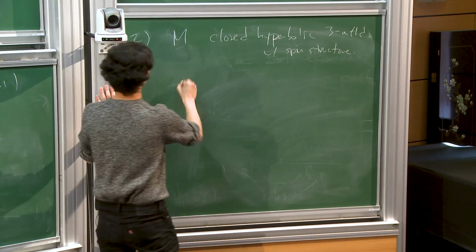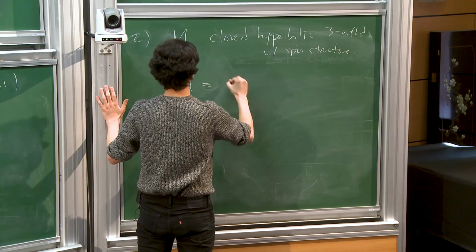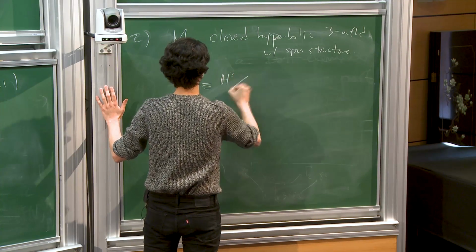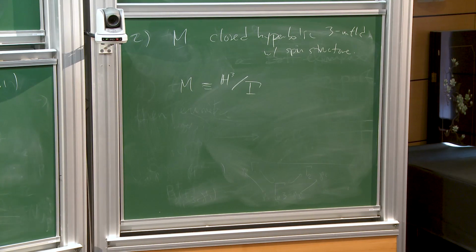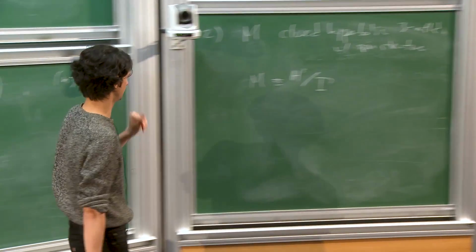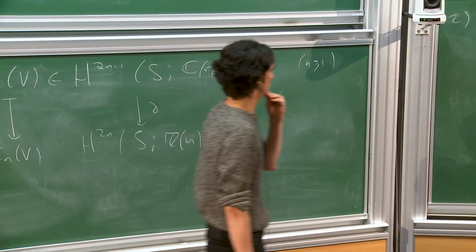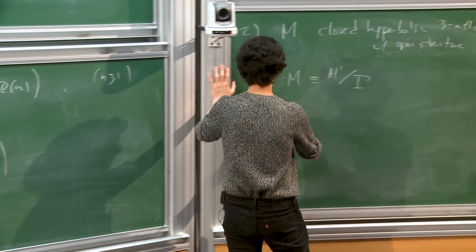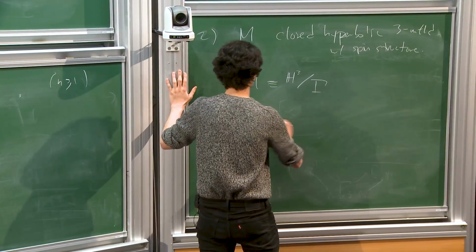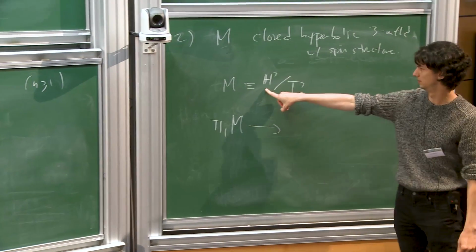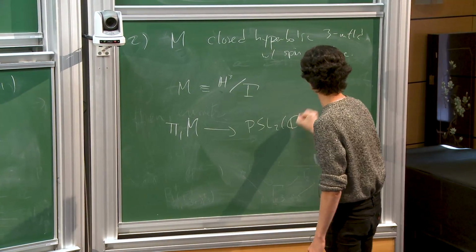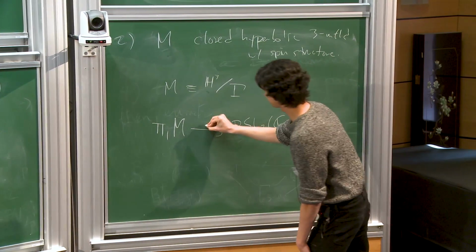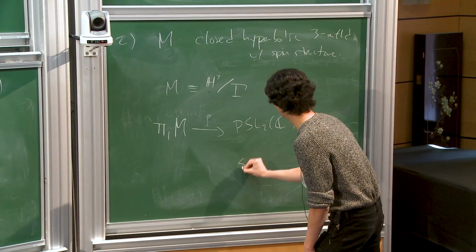Then we have a uniformization by hyperbolic 3-space, and the fundamental group acting by isometries on it. This is essentially determined by the topological manifold, thanks to rigidity theorems, Mostow. In particular, on M, you have a local system with values in the isometry group of hyperbolic 3-space, but that's just PSL2C. And the spin structure lets you lift this to SL2C.